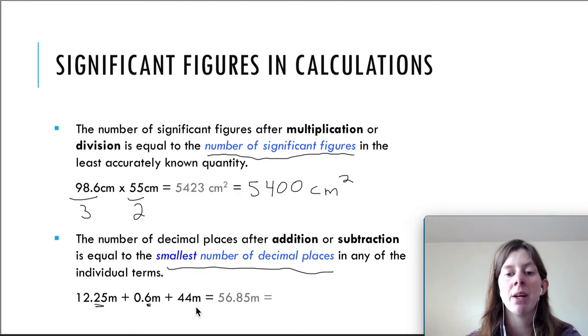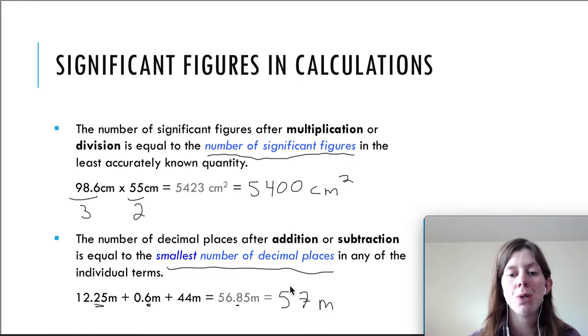That means your answer will have 0 decimal places, the least number of decimal places. So 56.85, you're going to have to round that up because of the 8, and that will round up to 57 meters, a number with no decimal places. So those are the rules for dealing with calculations when you're multiplying, dividing, adding, or subtracting numbers.